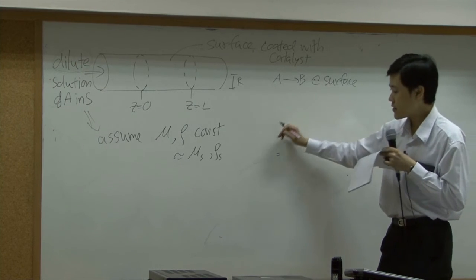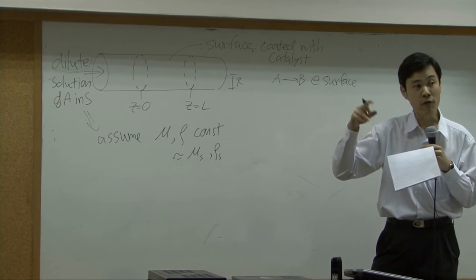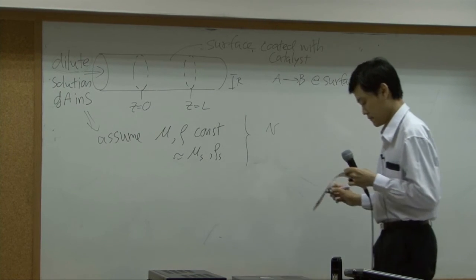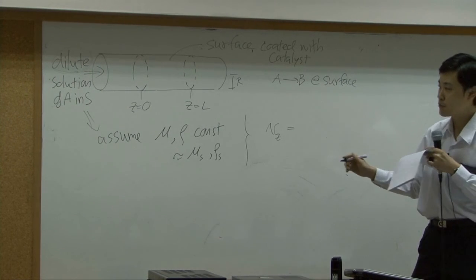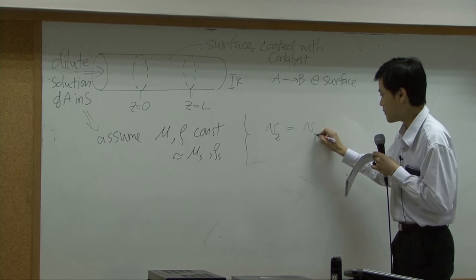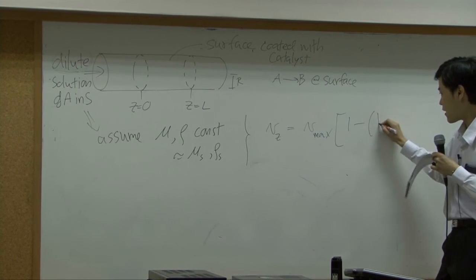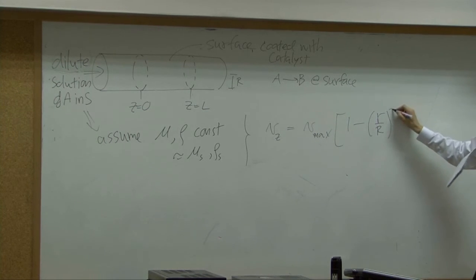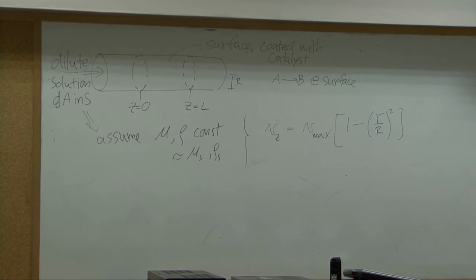Then you can set up the equation of motion and the equation of continuity for overall mass balance, and then you get the velocity profile. And you should know by now, after several examples, that the velocity profile here will be written as V maximum times 1 minus (r over R) squared, with R capital R. Right?